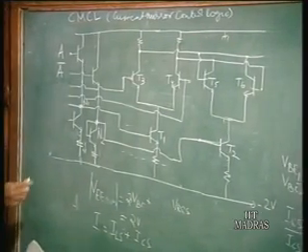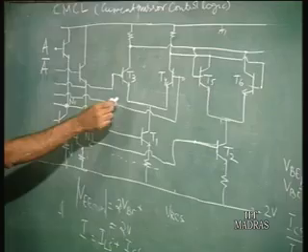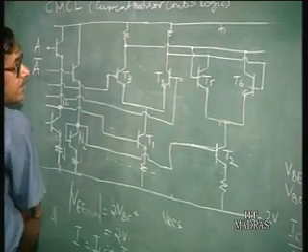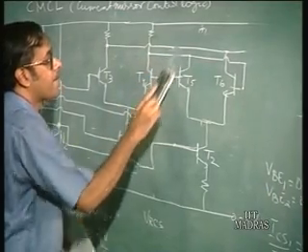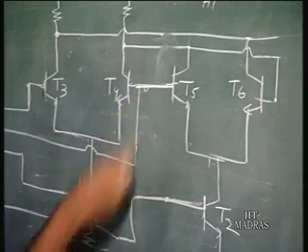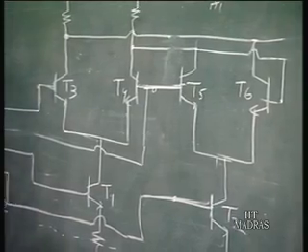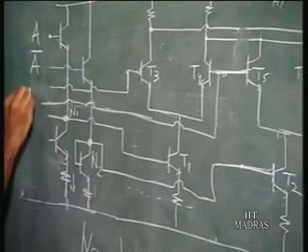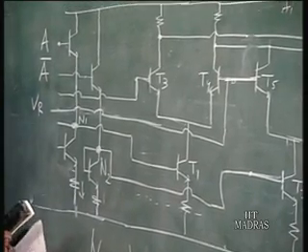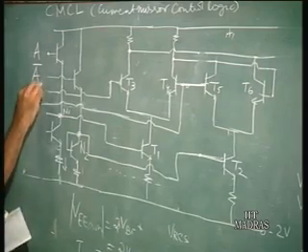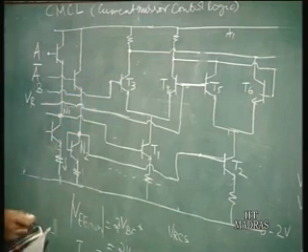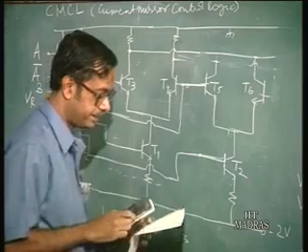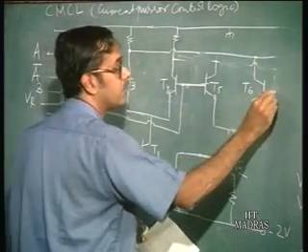So, what you have to do is put a reference voltage here, this is the reference voltage, and the other input, here you put B, and here also you put B, here also you put B.